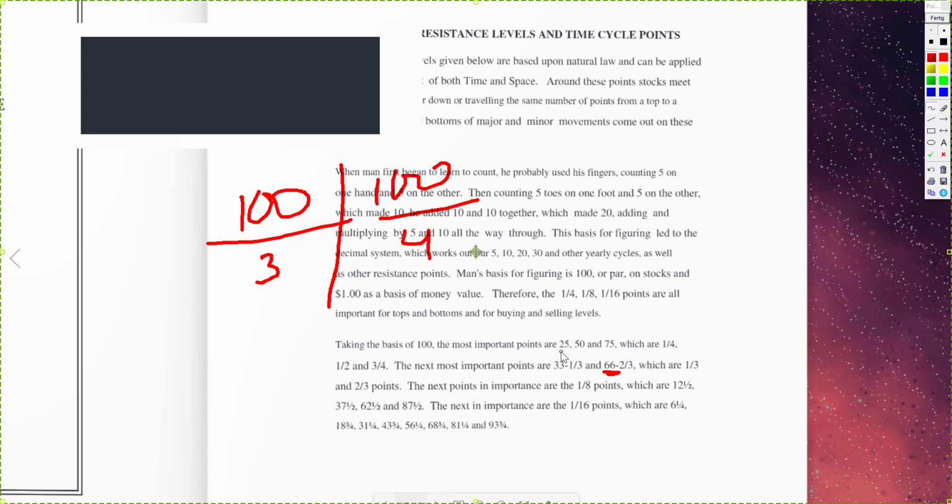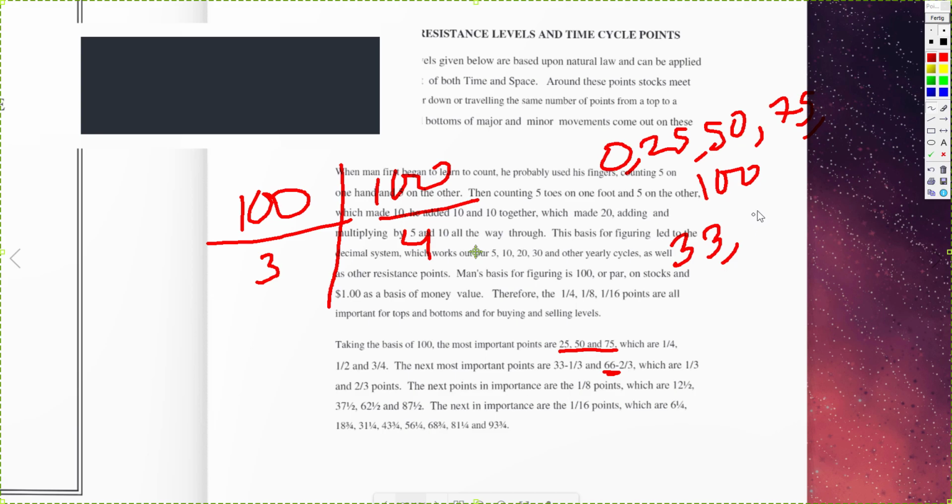So if we try to complete this sequence, which is like 25, 50, 75, and 100 from 0, right? We get these numbers. And he is also telling us to include 33 and 66.